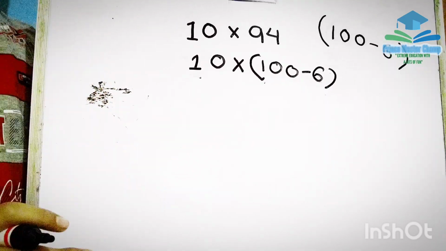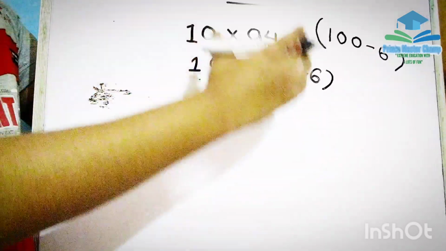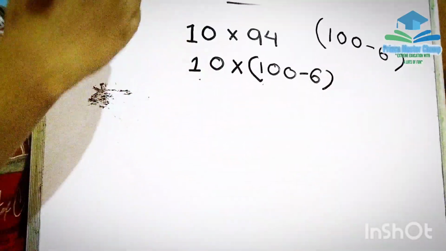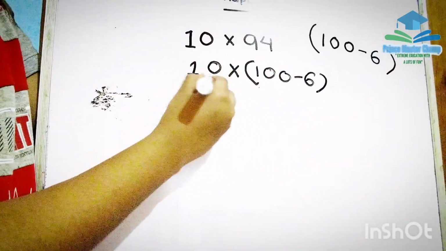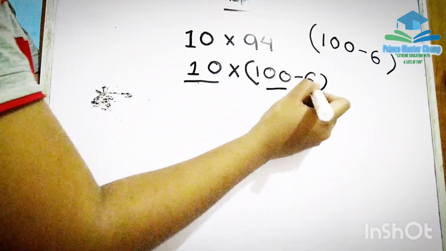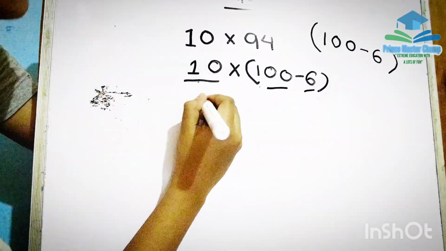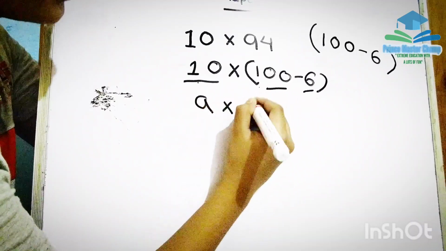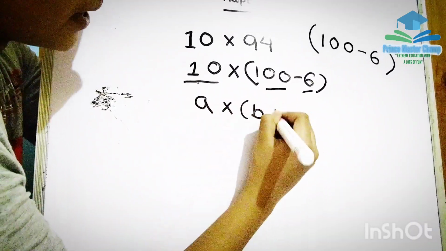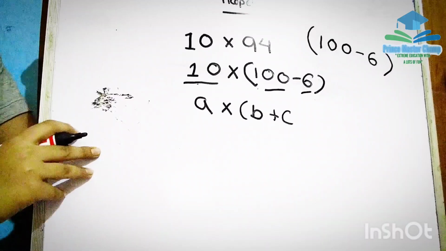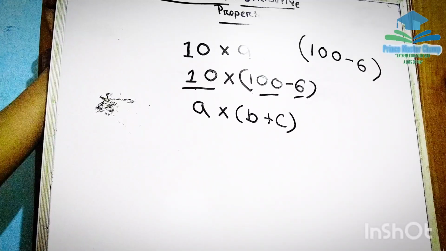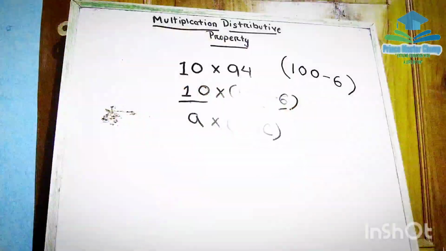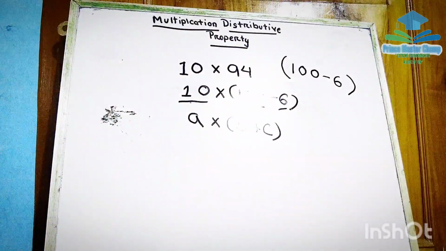Now, what does our distributive property say? First we have one number and then two other numbers. Let us write them as A into, in brackets, B plus C. This formula will decide what we need to do.